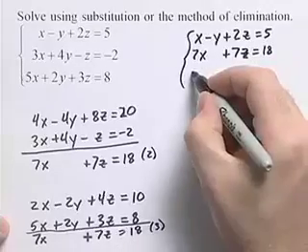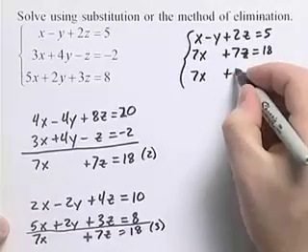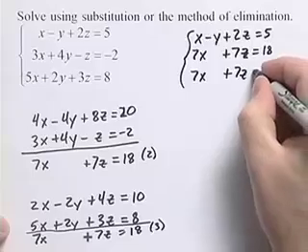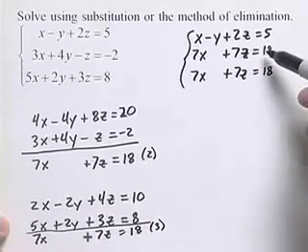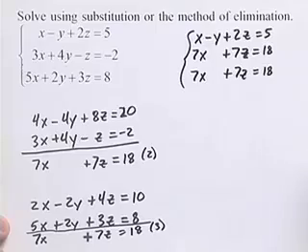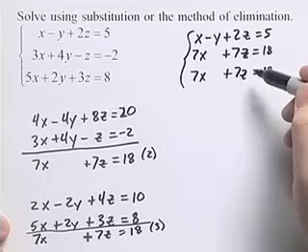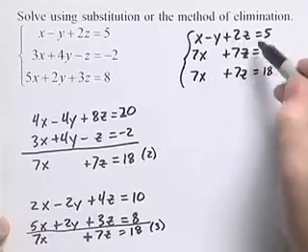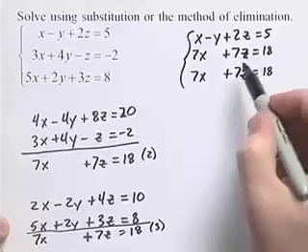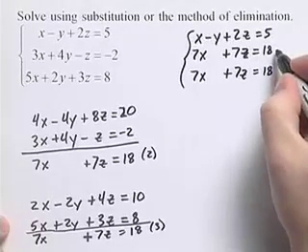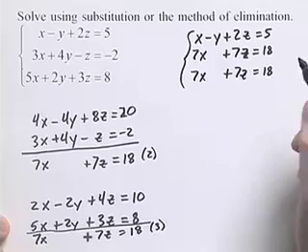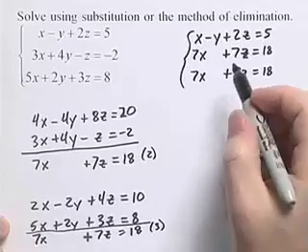And then we have our third equation is 7x plus 7z equals 18. At this point, we see these last two equations are identical, so we have a redundant equation. Because we have three equations and three unknowns, but one of these equations is redundant, it's really like we only have these two equations and three unknowns. So our system will have an infinite number of solutions.